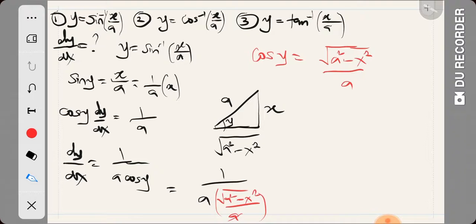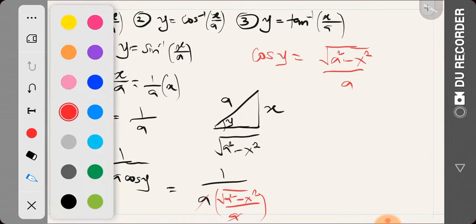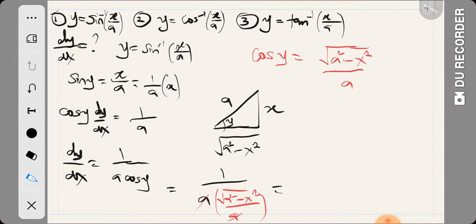Of course, the a's cancel out, so we now have 1 over the square root of a squared minus x squared. So whenever you differentiate sine inverse of x over a, you always have 1 over the square root of a squared minus x squared.